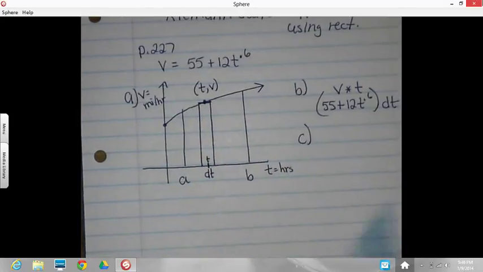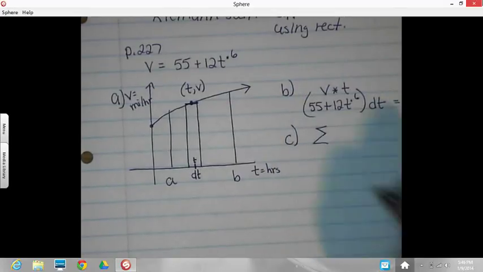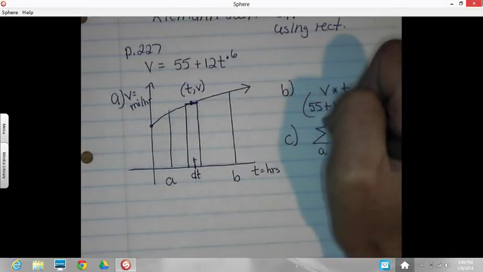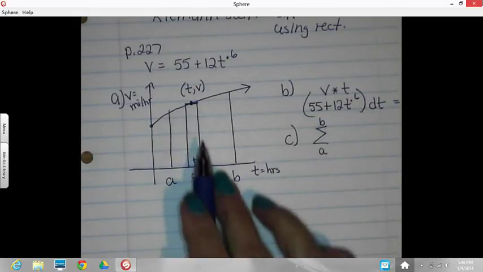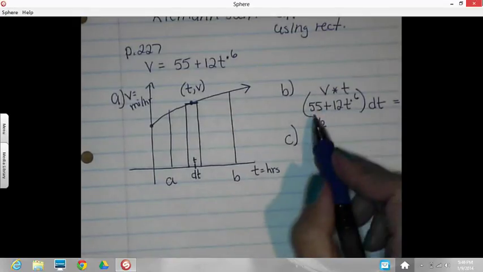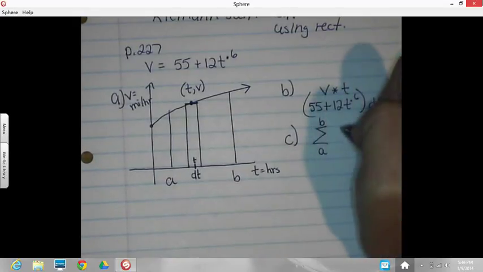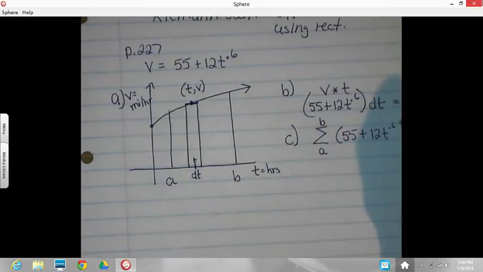And the symbol for a Riemann sum is that sigma, which says add up from A to B all of the rectangles. And the rectangles all have the velocity as the height and this dt as the width. So it's this equation that I wrote right here. So 55 plus 12t to the 0.6 dt.